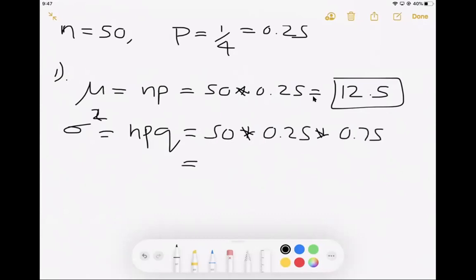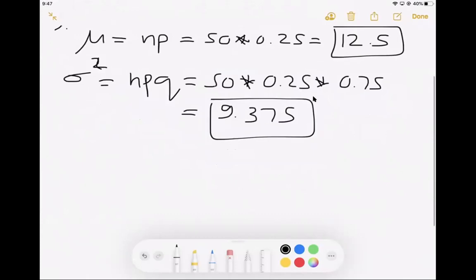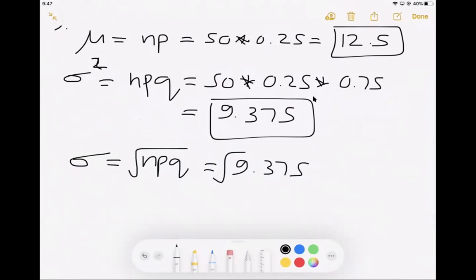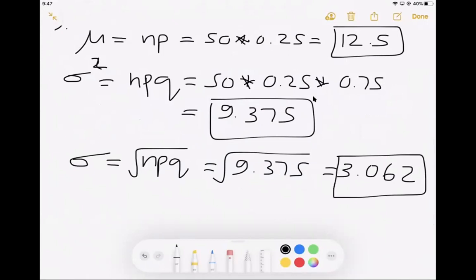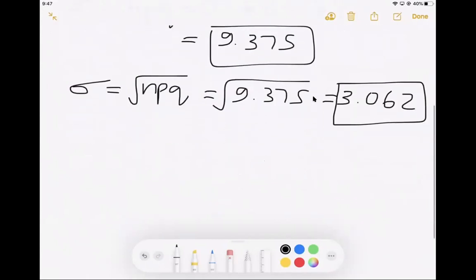So our variance is 9.375. Then what is the standard deviation? Take the square root of npq. So that means take the square root of this value. It is 3.062. Okay, that is the first part.